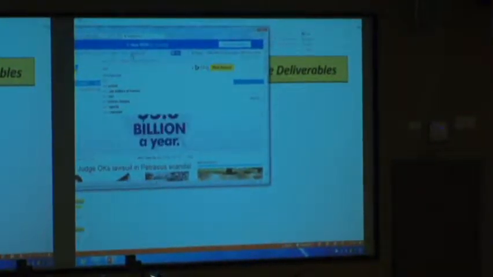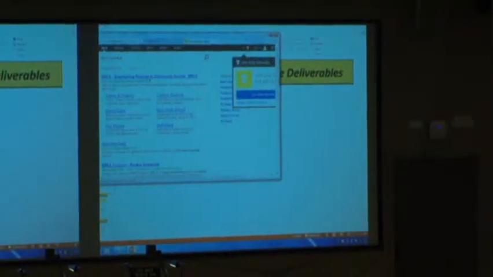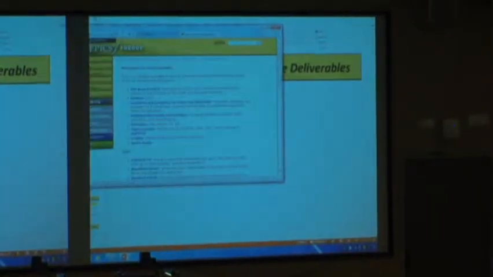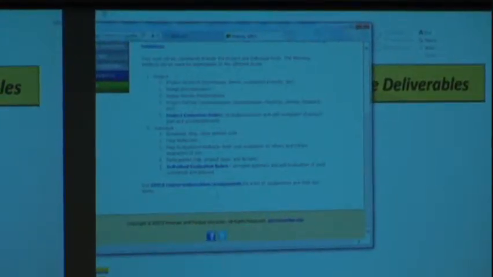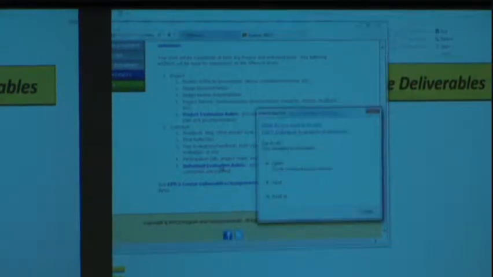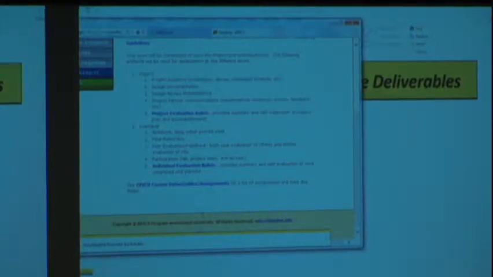I always go under current students. Here it can be under grading and guidelines or administration, or just go under grading. And then this is it right here. So you can open it and then have your own version of it that you can keep editing.